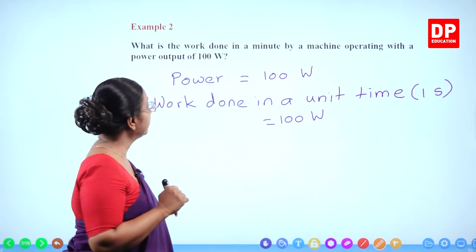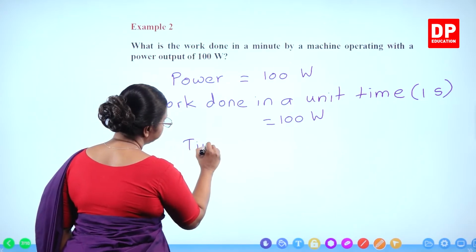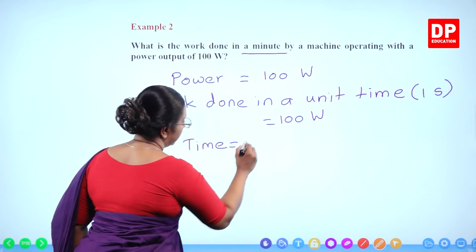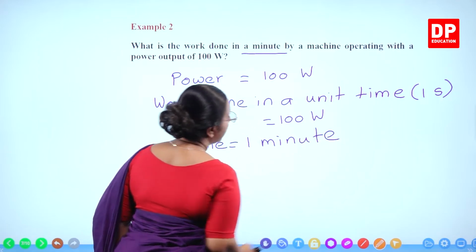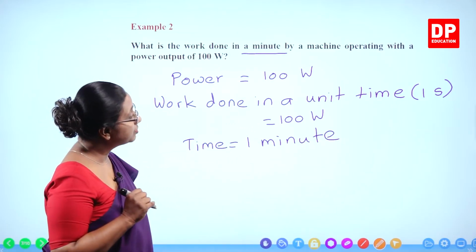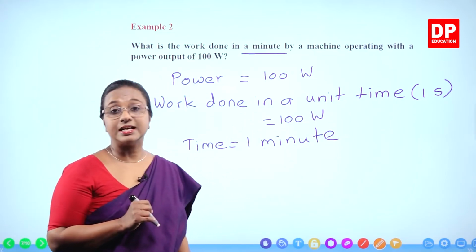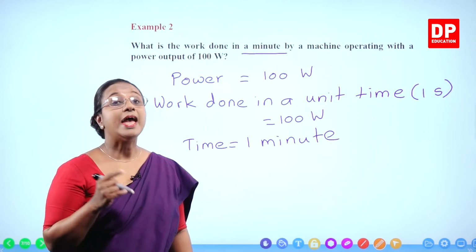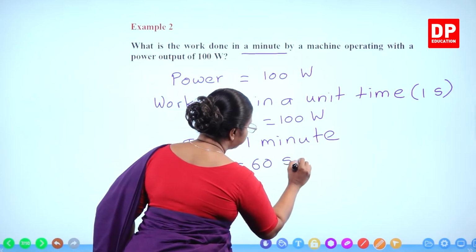What is the time duration they have given? Now here you can see time is given as in a minute. That is 1 minute. Now what unit did we use for time? Time has to be in seconds. But here time is given as 1 minute, and 1 minute is equal to 60 seconds.